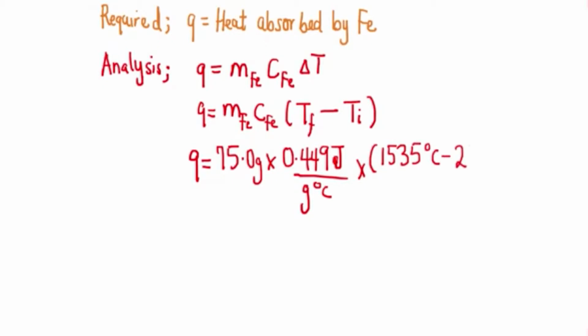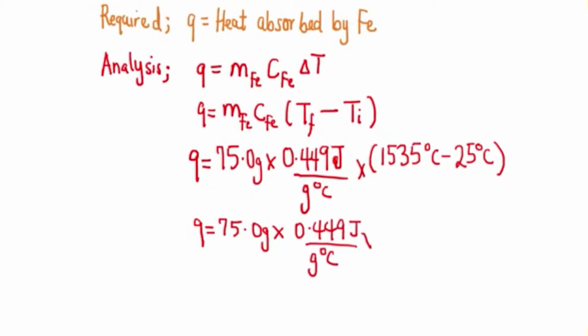If you solve that simple mathematics, the subtraction results in 1510 degrees Celsius, multiplied by the specific heat capacity of iron and also the mass of iron.